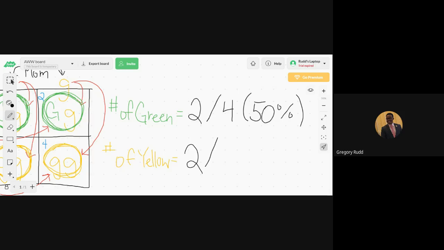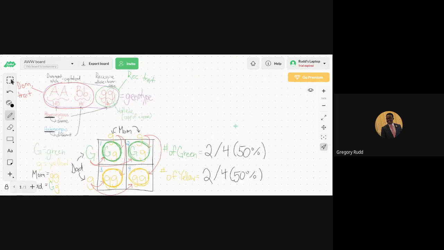And 2 out of 4 are yellow, which is also 50%. So there's a 50-50 chance that their offspring will be green or yellow. So this is important stuff, folks.